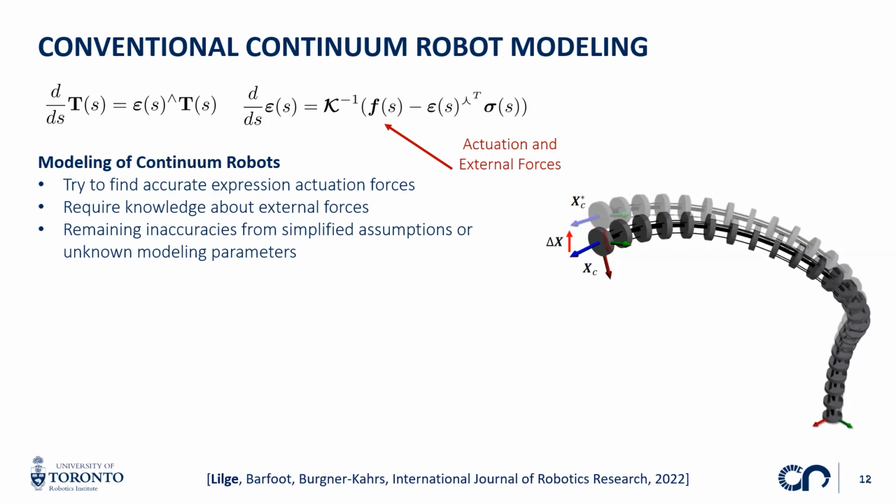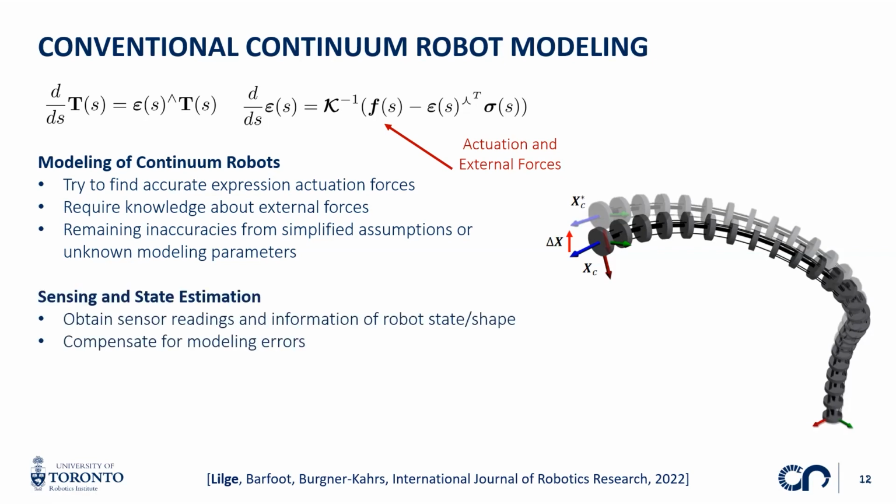And all of these reasons often lead to the case that I have some prediction of my continuum robot from a forward kinematics model, X C, but my real state of the robot is actually quite different, X C star, for example, here, where I have these remaining modeling errors or inaccuracies denoted here as delta X. It's very hard to model continuum robots accurately due to all the reasons mentioned.